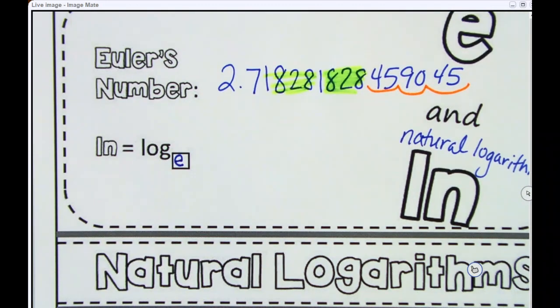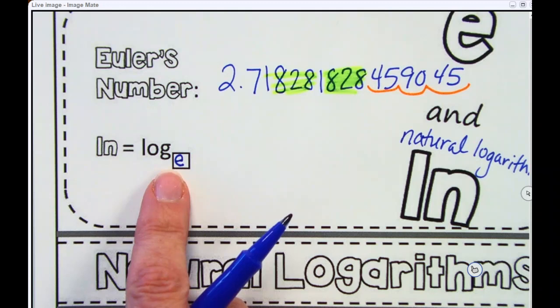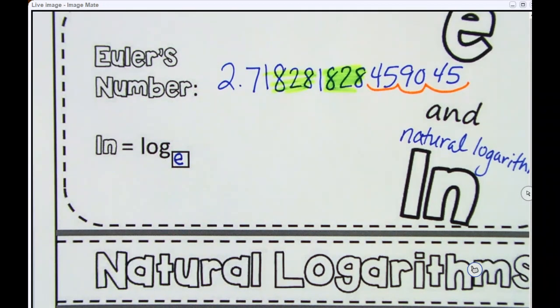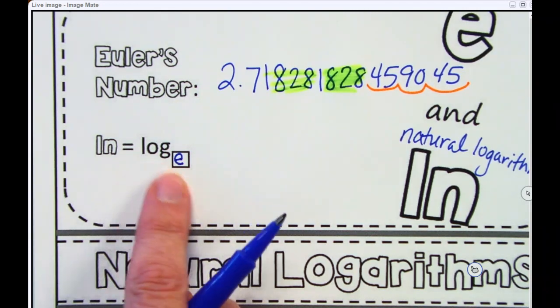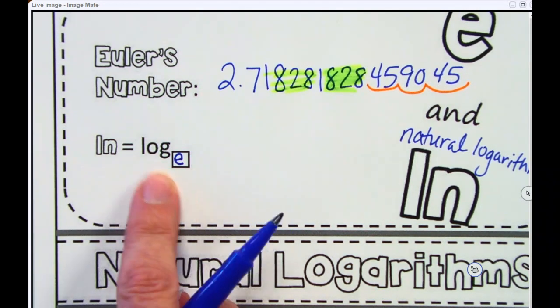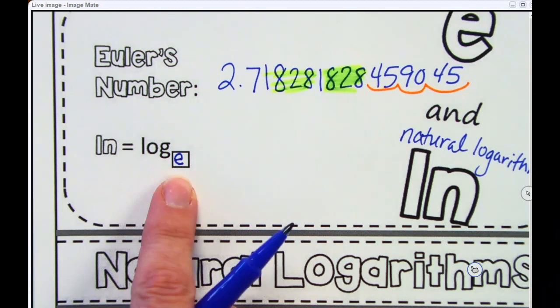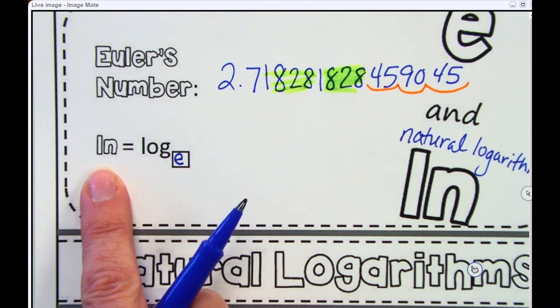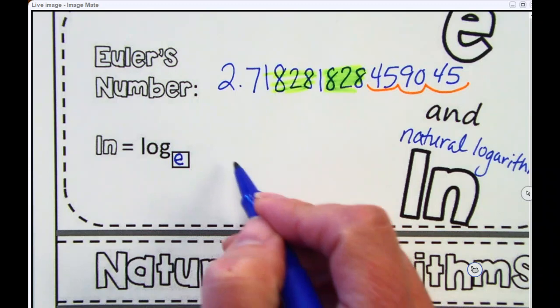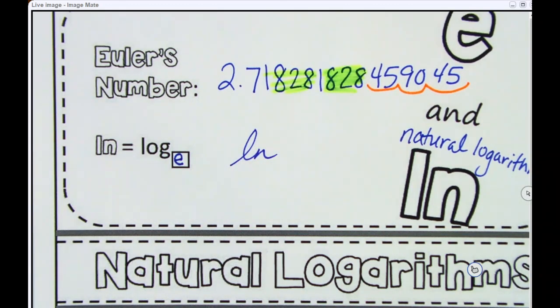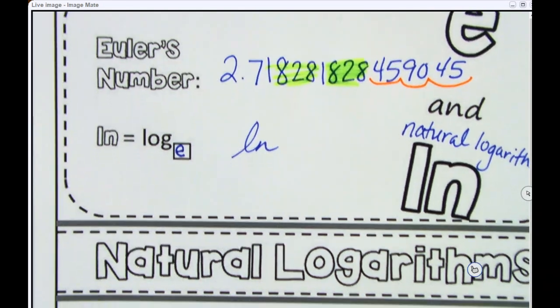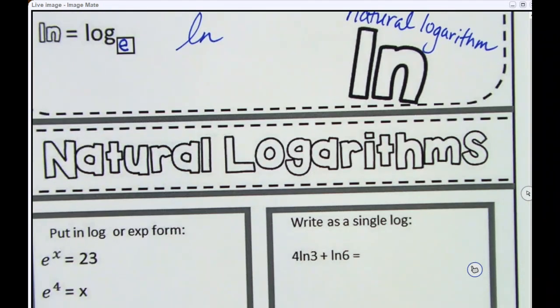Log base e. So today, while we're learning how to use ln, we will probably convert it to log base e every once in a while, just to start making that connection. But you're never going to see that outside of us trying to learn it. It will always be written as ln. And I usually write it in cursive, or I get in trouble thinking it's a 1 times an n.